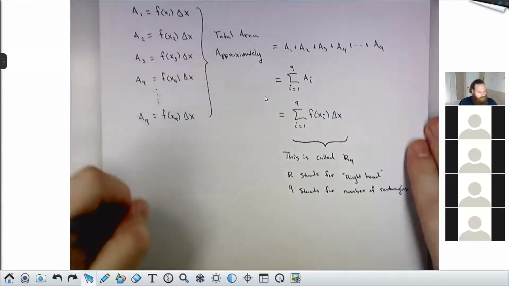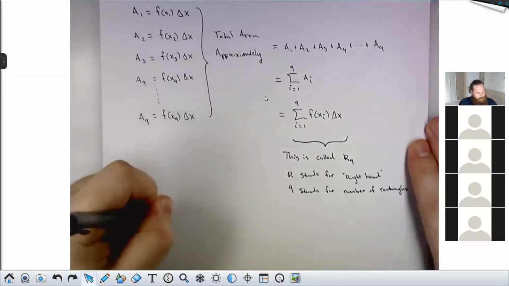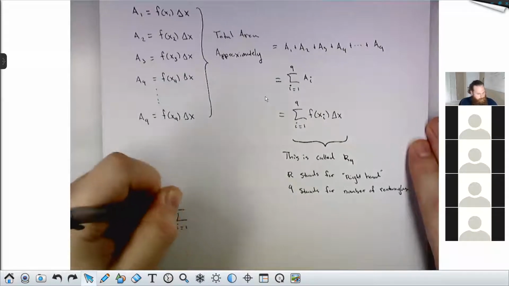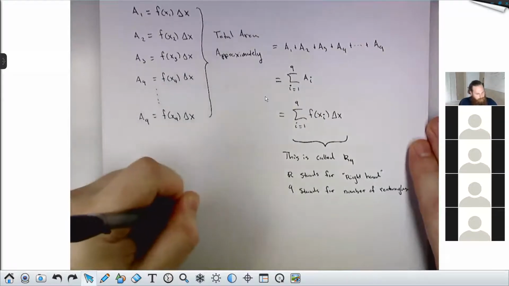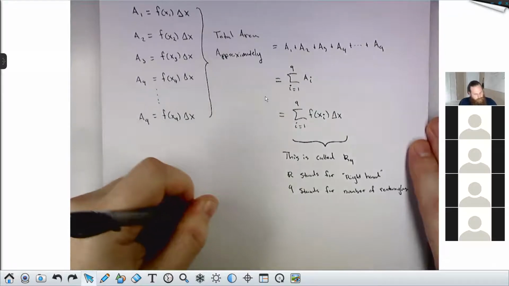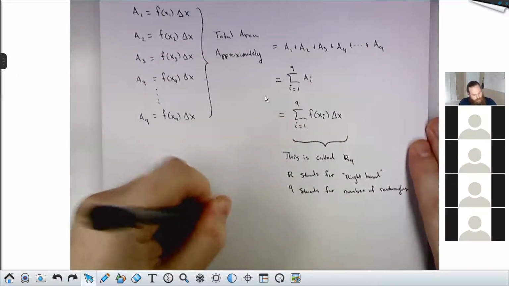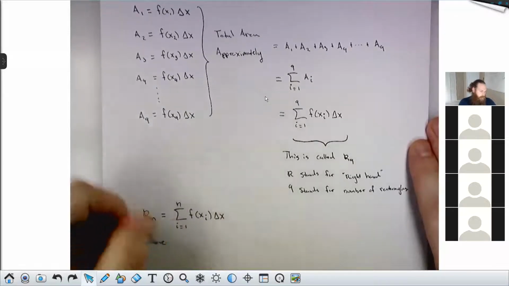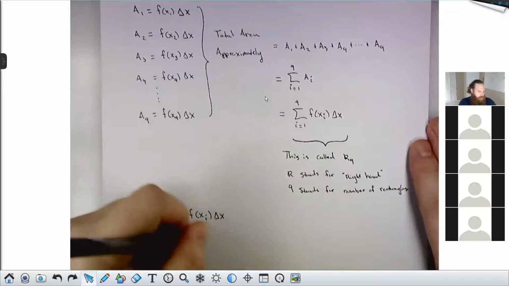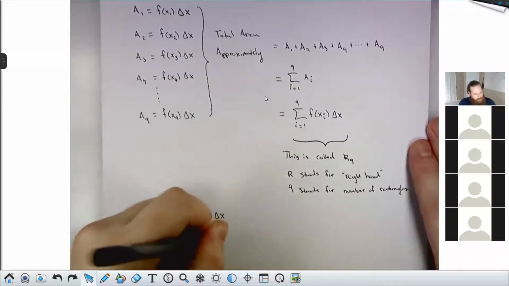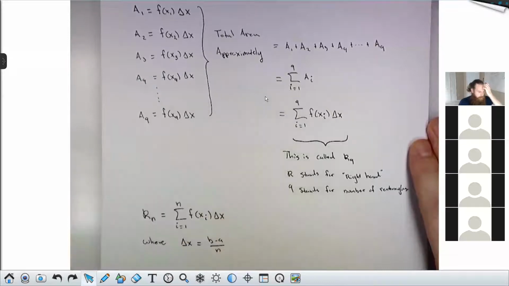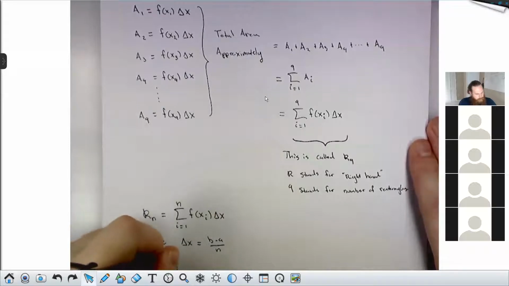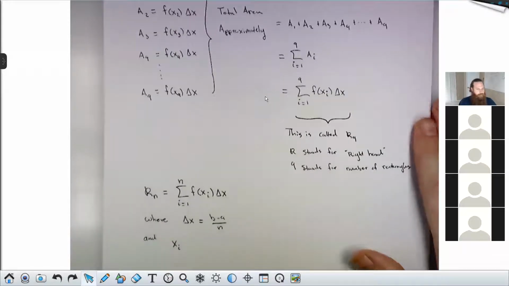In general, Rn is the sum from i equals 1 to n of f of xi times delta x, where delta x you always calculate first is b minus a over n, and xi we have to think about a little bit carefully.